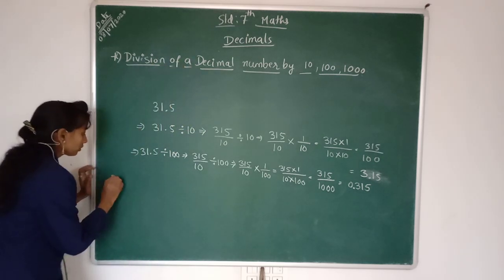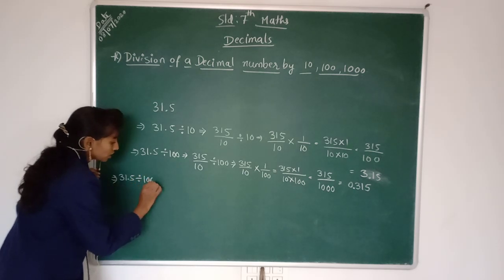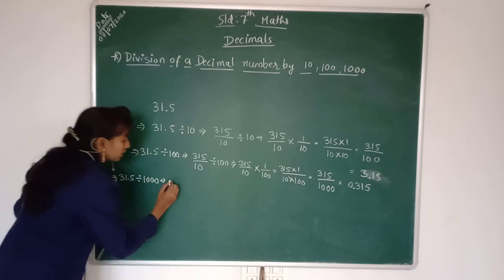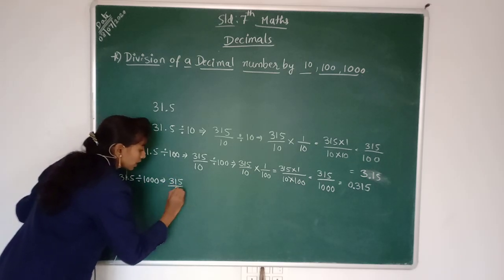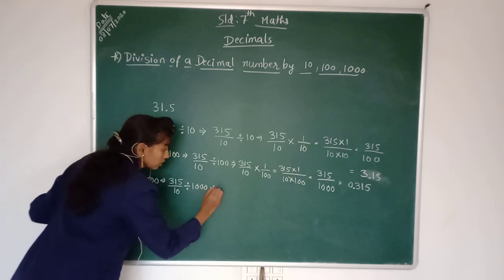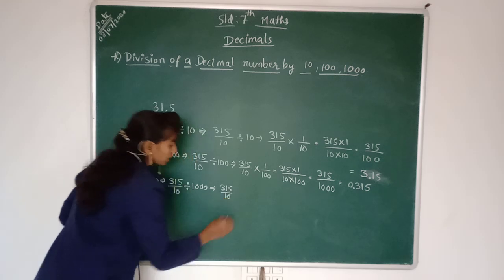31.5 divided by 1000. First you have to write this in fraction form, that is 315 divided by 10, divided by 1000. The first fraction you write as it is, 315 divided by 10.